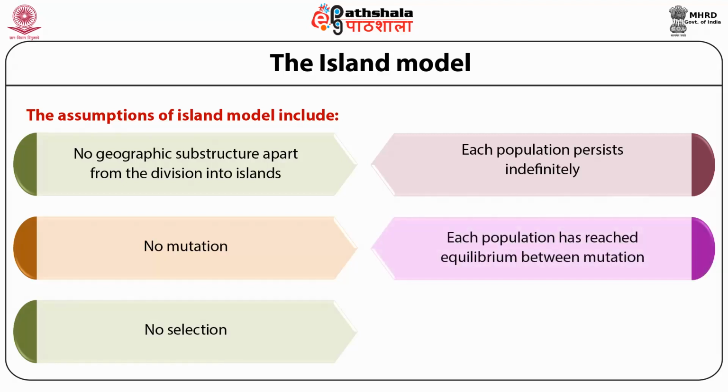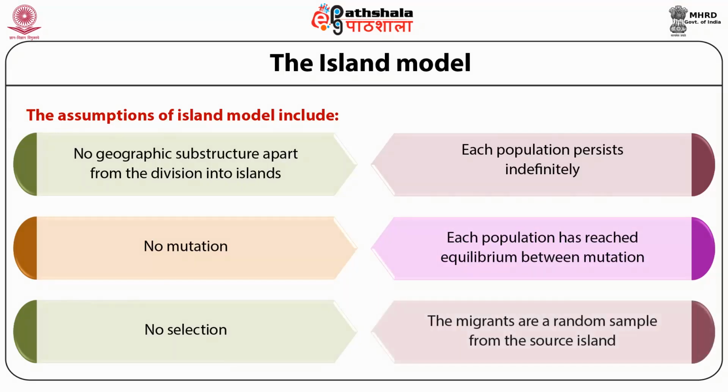Each population should have reached equilibrium between mutation and drift. The migrants are a random sample from the source island, and the symbol small m is used to illustrate the migration rate. Migration rate is the proportion of alleles in the island that come from the mainland each generation.